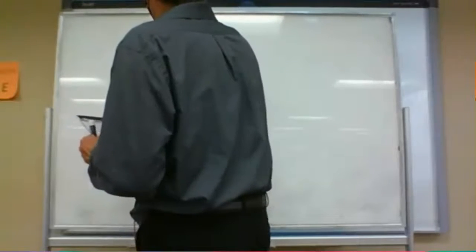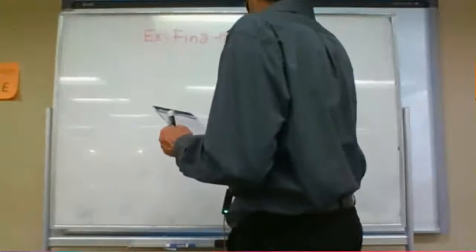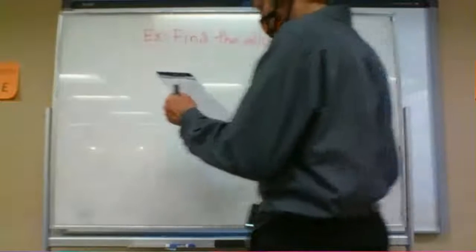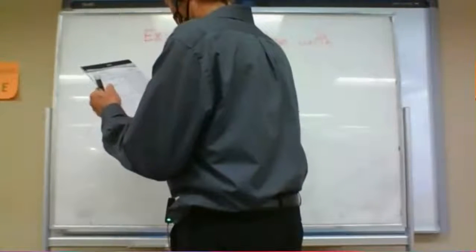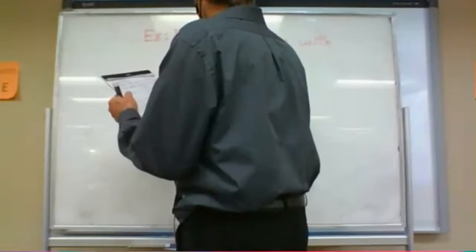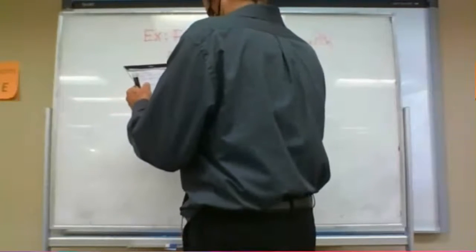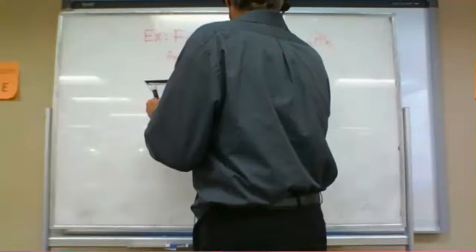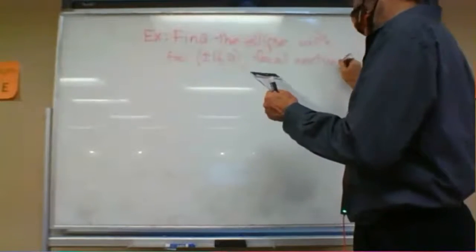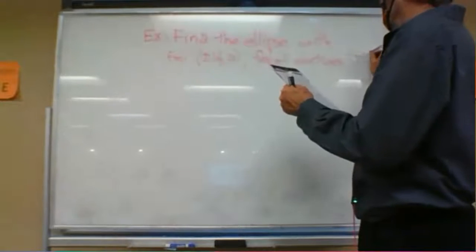Find the ellipse, meaning the equation thereof, with foci plus or minus 16, 0, and focal vertices plus or minus 34, 0.